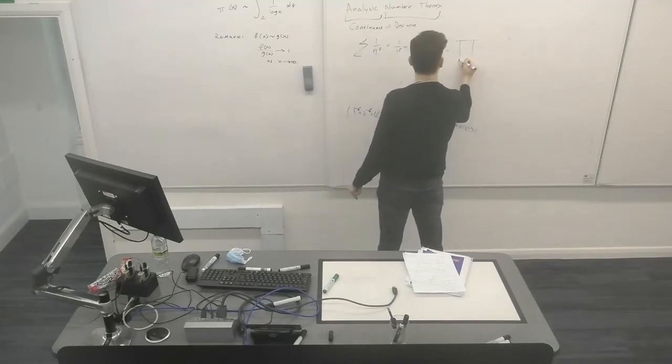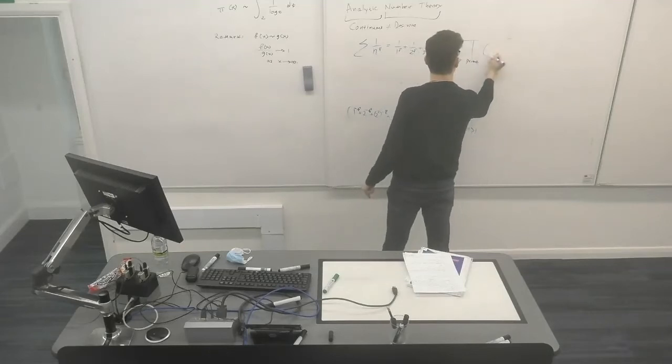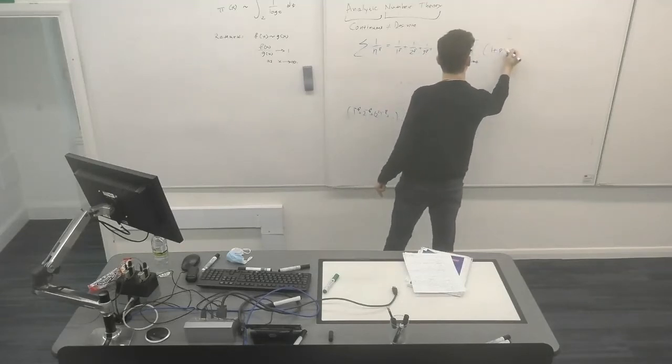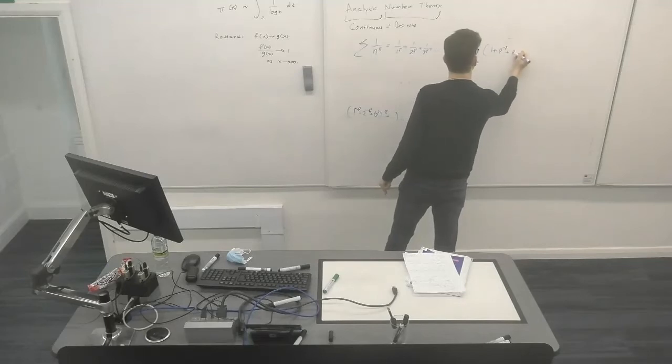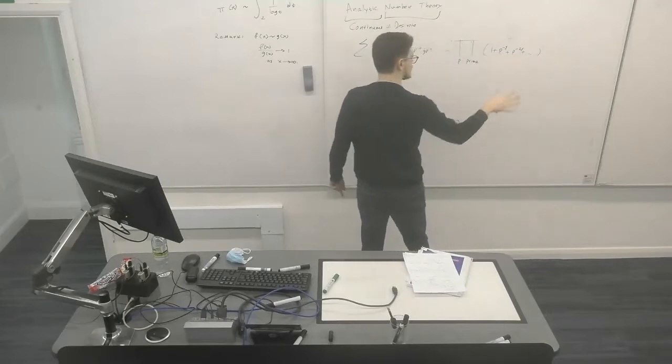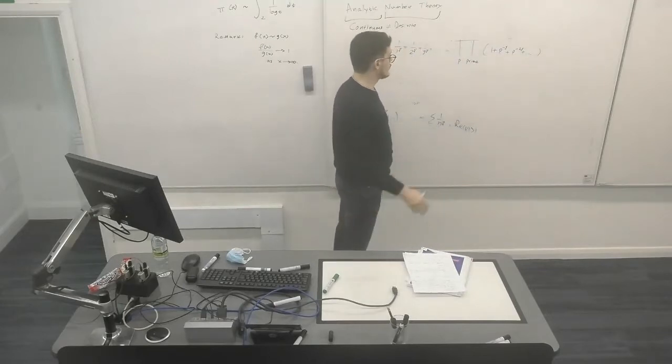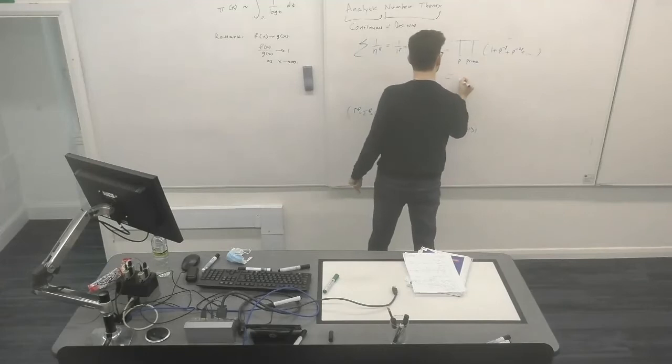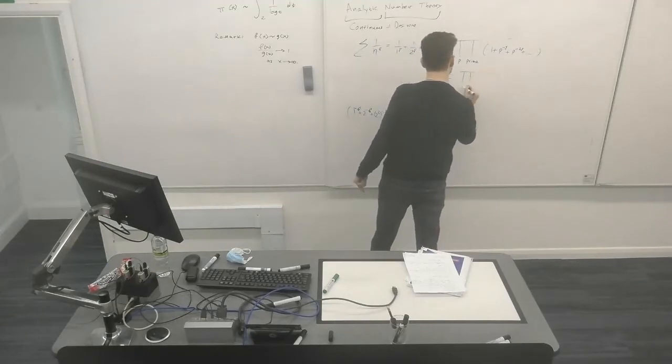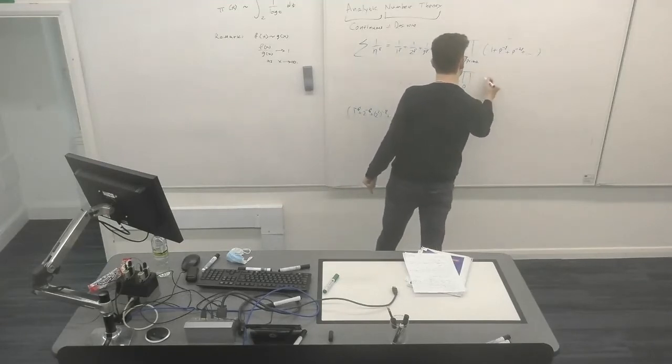over all the primes of the factors of the form 1 plus p to the minus s plus p to the 2 minus s, and so on. This, of course, is a geometric series. We know how to sum this, so you end up having this.